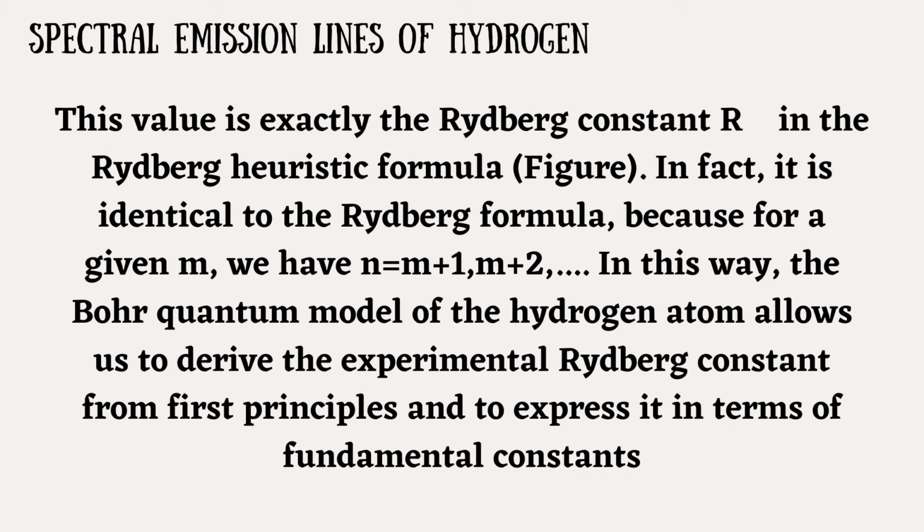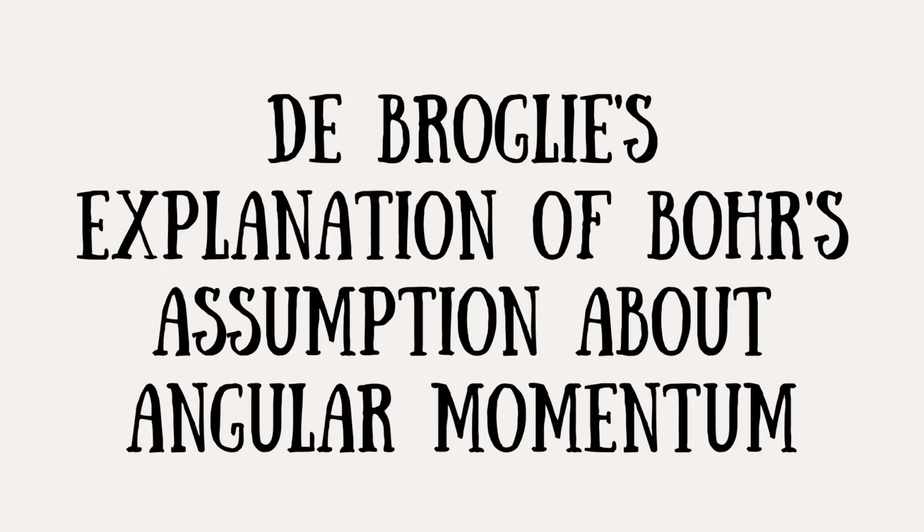In fact, it is identical to the Rydberg formula because for a given m, we have n equal to m plus 1, m plus 2, and so on. In this way, the Bohr quantum model of the hydrogen atom allows us to derive the experimental Rydberg constant from first principles and to express it in terms of fundamental constants.